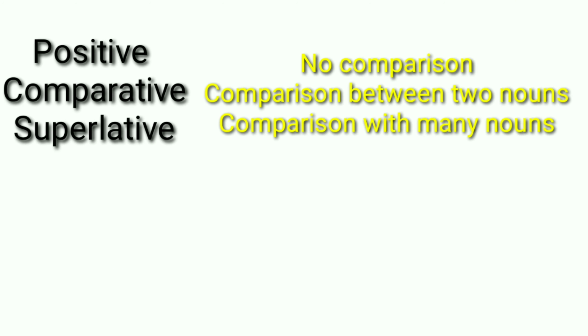So basically, degree of comparison can be categorized into three groups: positive degree, comparative degree, and superlative degree. So what is a positive degree? Simply, we can say that positive degree only tells the quality of a noun. It doesn't make any comparison.